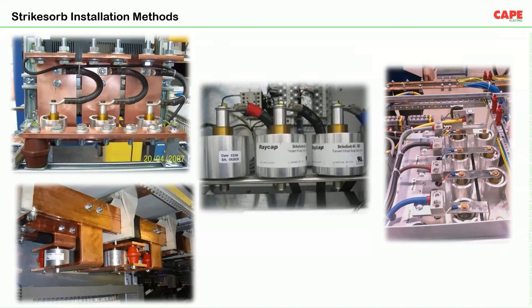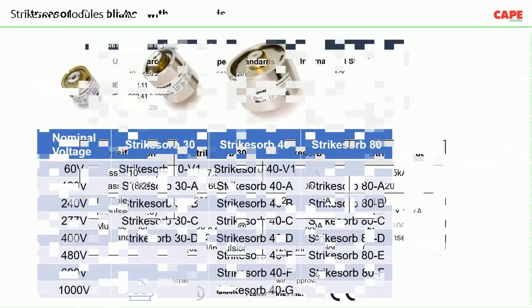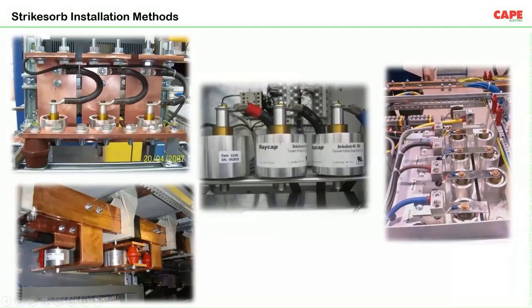In figure number 2, bottom left, you can very well see the SPD is connected in between the bus bars. In case number 3, the center picture, of course, a wire length is used, but we have to ensure that this wire is very short. So these are some of the typical ways of installing.